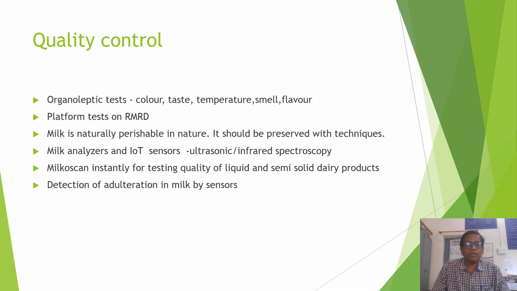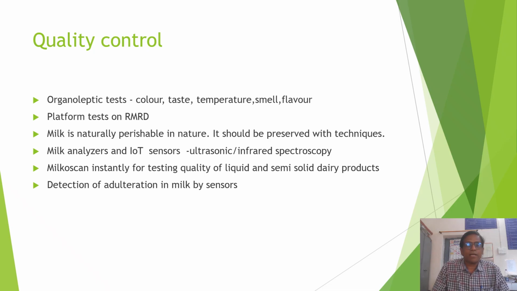As milk is naturally perishable in nature, it should be preserved with new techniques. The new techniques are related to the use of software, milk analyzers, and IoT, Internet of Things, sensors. These are frequently used nowadays in modern dairy industries, using ultrasonic or infrared spectroscopy.